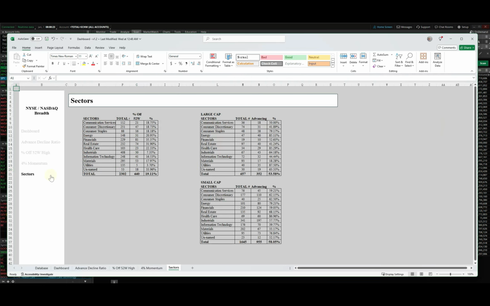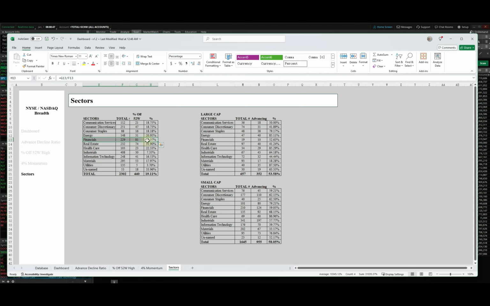And then we have the sectors. I can see how many stocks, sector-wise, which sectors have the biggest number in the top 10% of 52-week high. If you see here, 35%.